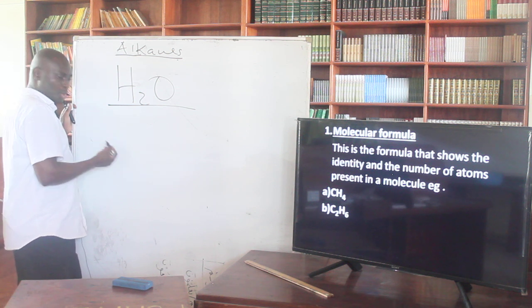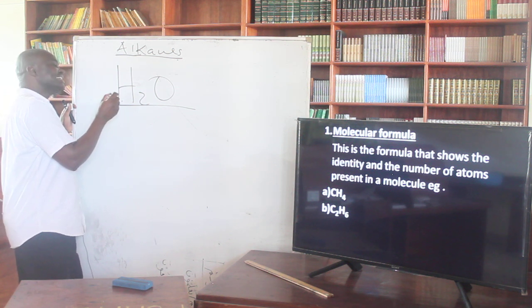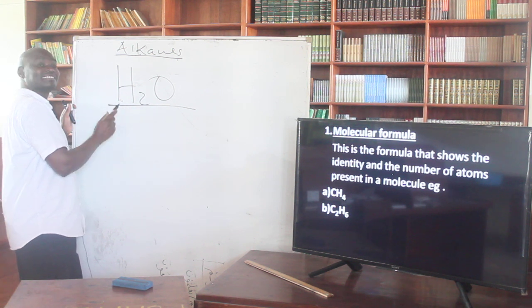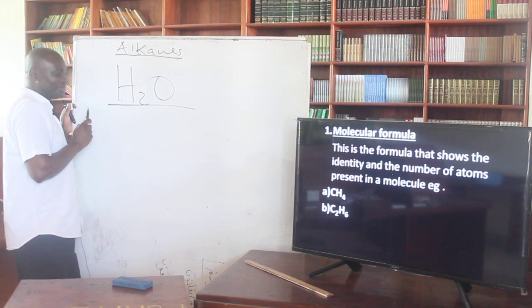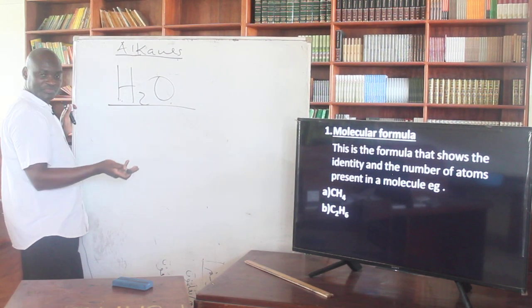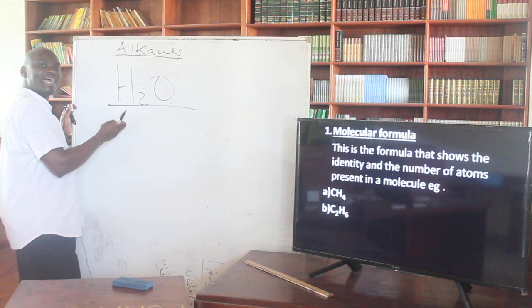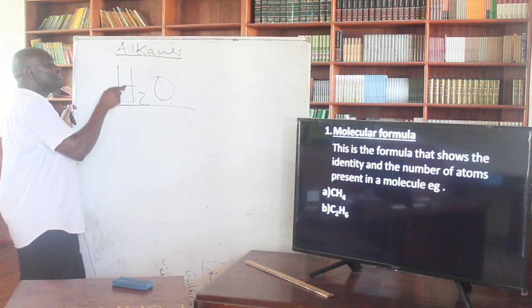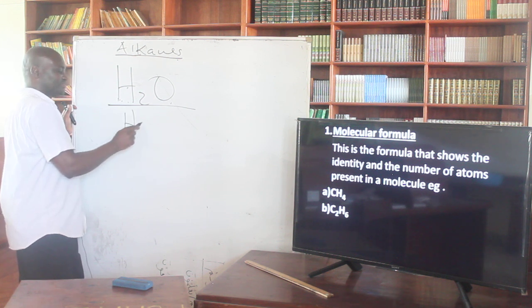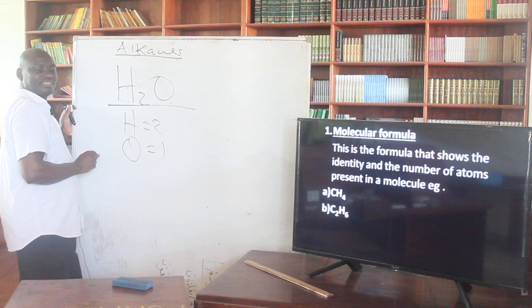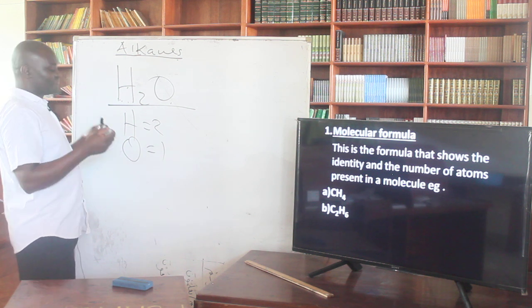What does it show? It shows the identity of the atoms: it is telling us that in a water molecule, we have hydrogen and oxygen. Two, it is showing us the number: in a molecule of water, we have 2 hydrogen and 1 oxygen atom. That is a molecular formula.